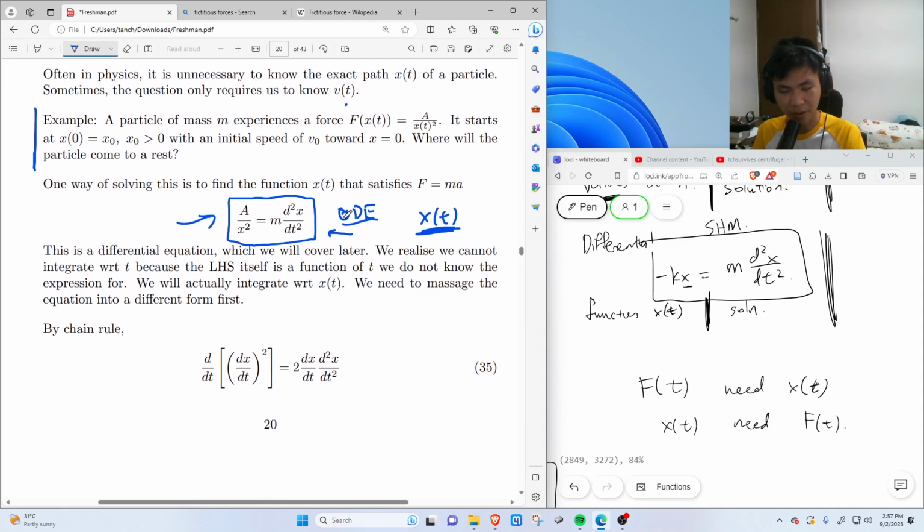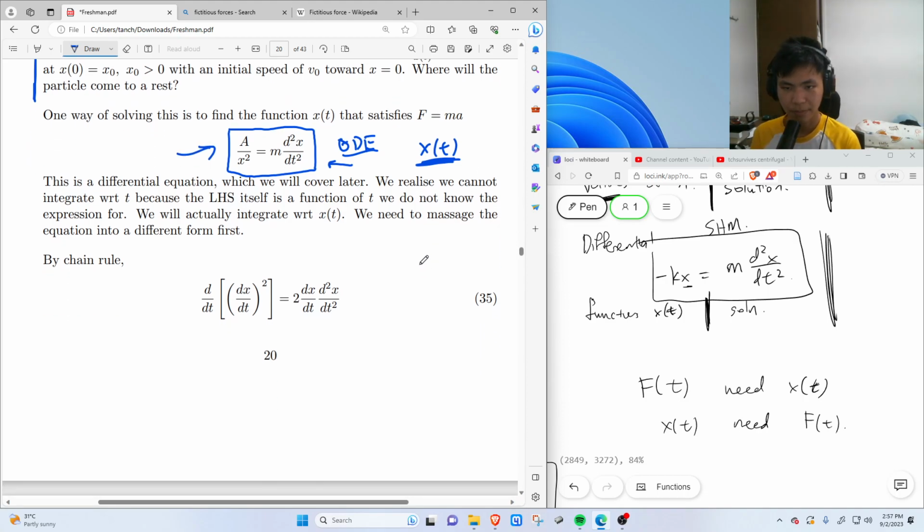ODE stands for ordinary differential equations, compared to partial differential equations, PDE. Okay, so solving this differential equation is quite hard, and it'll be covered in future. But instead of solving this differential equation, I'm going to integrate both sides with respect to position instead of time.